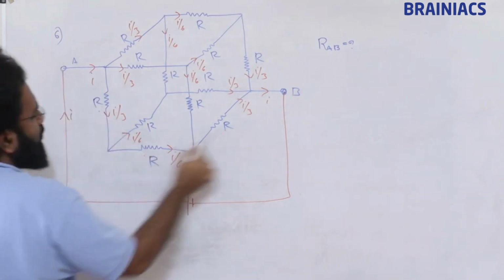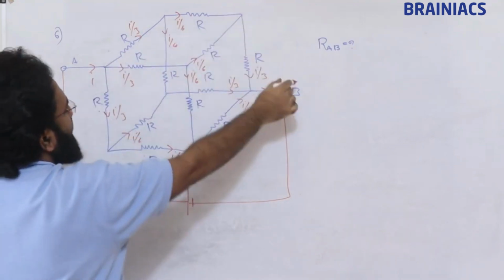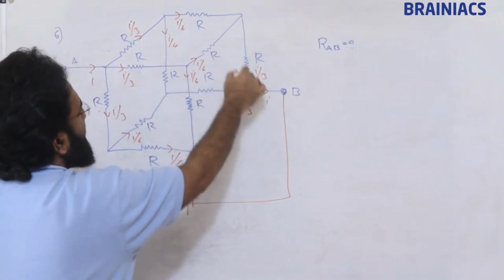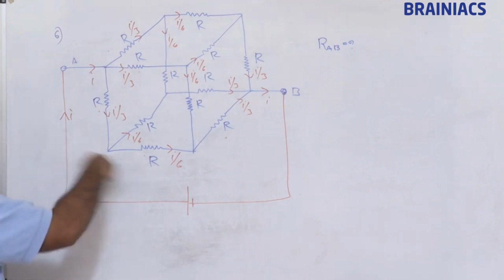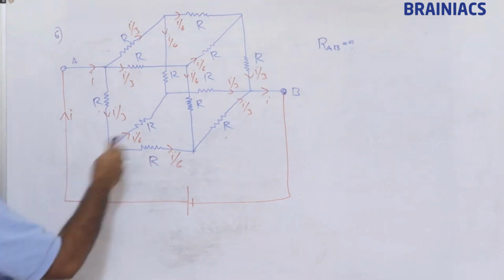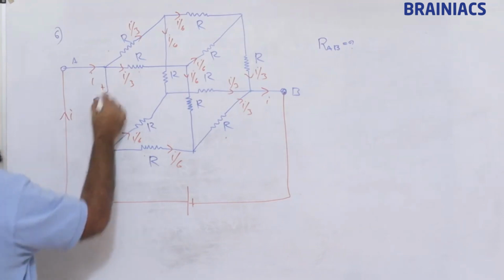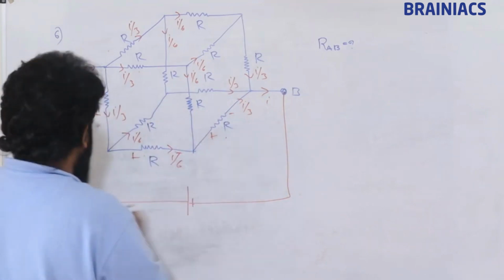So 1, 2, 3. And if we take this loop 1, 2, 3, or otherwise 1, 2, 3, we can take many loops in any way, but it is better to take the better visible one. So what I am going to do is, in the direction of current, mark plus, minus, plus, minus, plus, minus. This loop I am going to take.